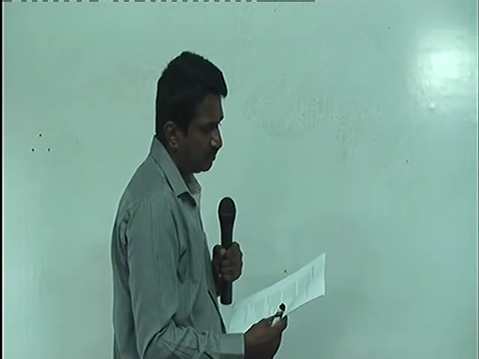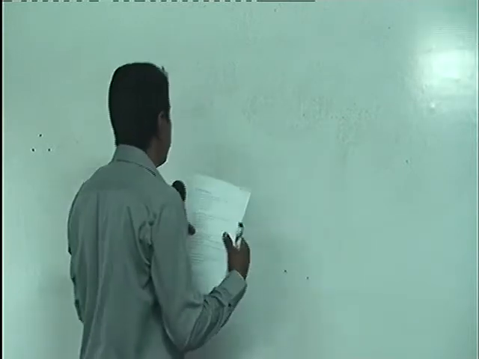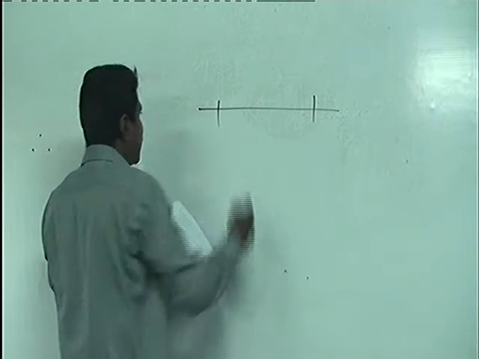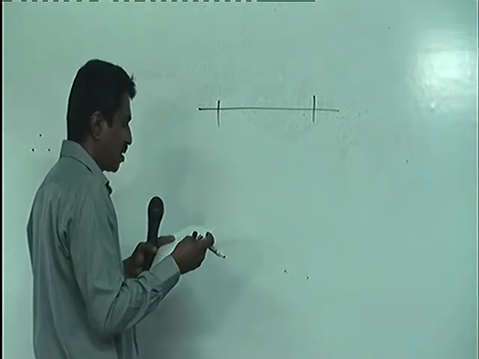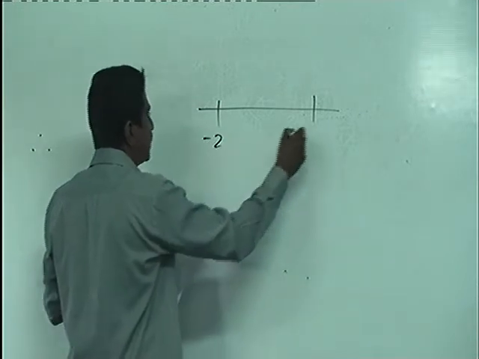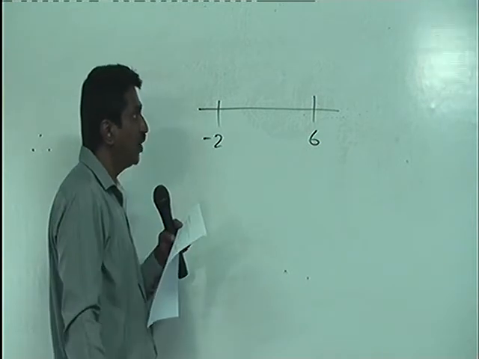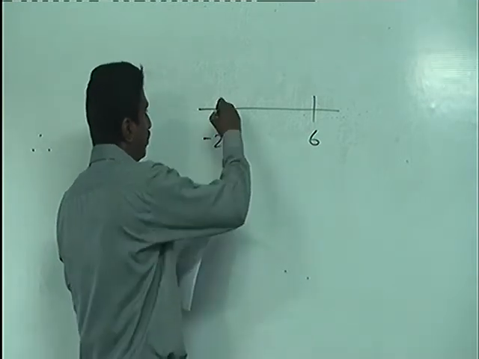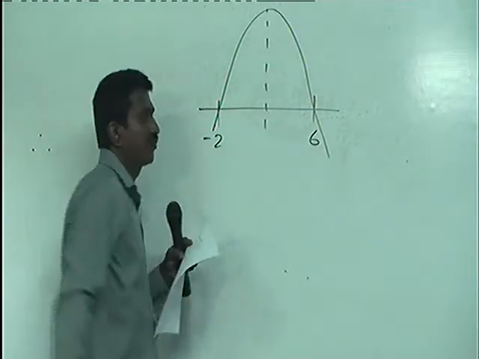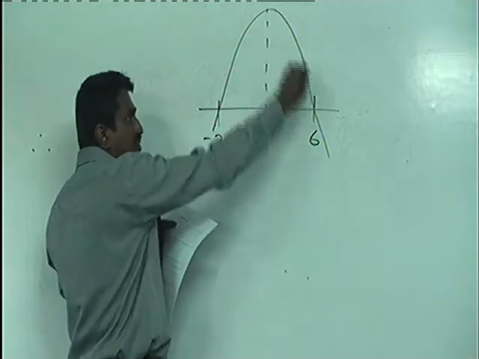The curve intercepts the x-axis at -2 and 6. These are the intercept points. Then you need to find out the maximum point. We know that this curve is symmetric.